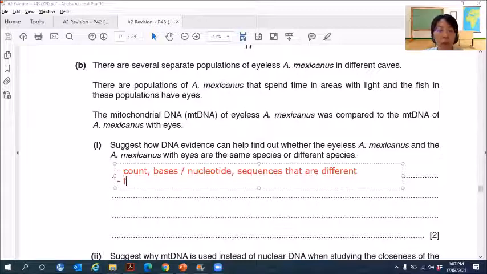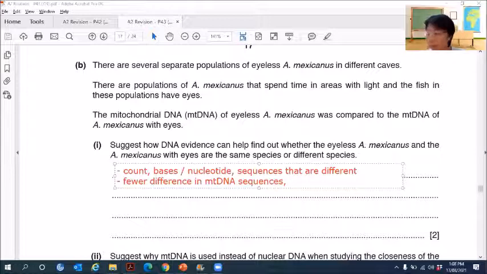So when you count them and you get fewer differences in the mtDNA sequences, we are looking at the base sequences or DNA sequences. We have to say the fewer differences in their sequence or the nucleotides or the bases suggest that they are the same species.